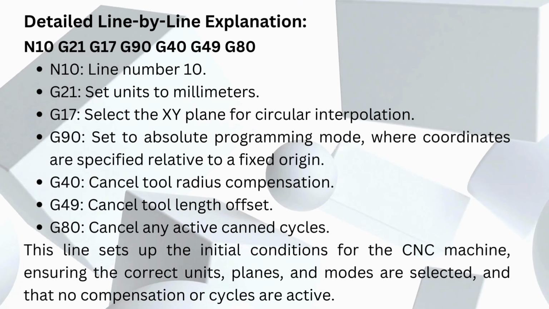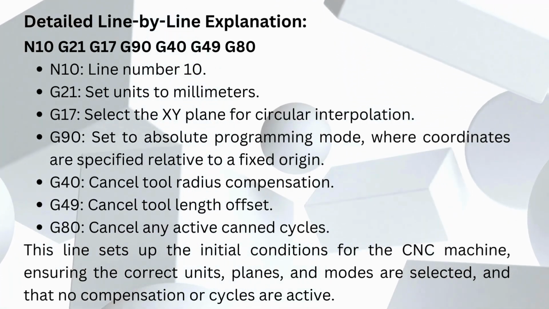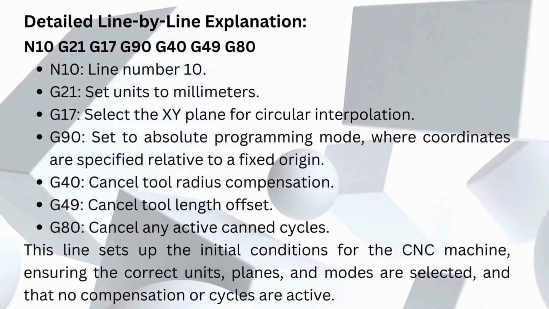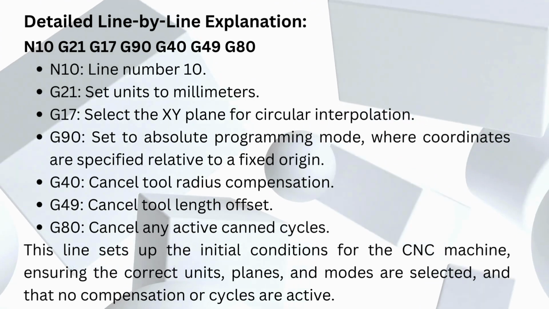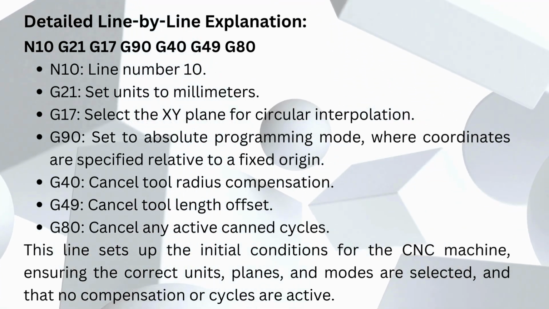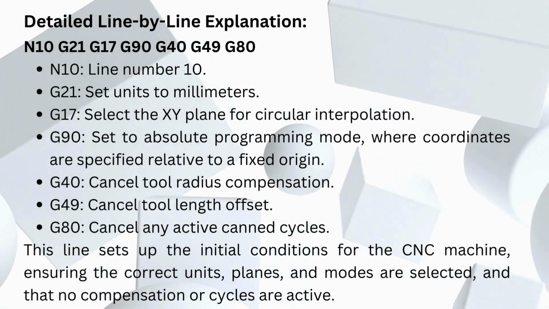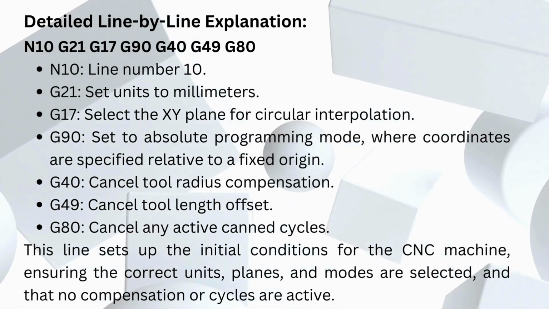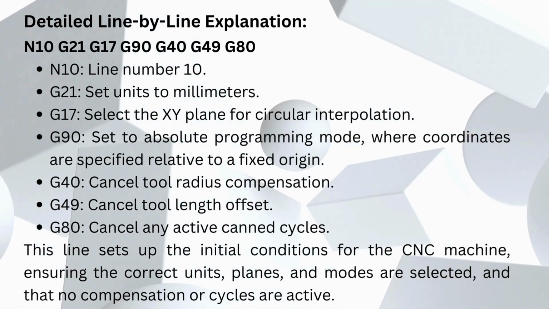G40, cancel tool radius compensation. G49, cancel tool length offset. G80, cancel any active canned cycles. This line sets up the initial conditions for the CNC machine, ensuring the correct units, planes, and modes are selected, and that no compensation or cycles are active.